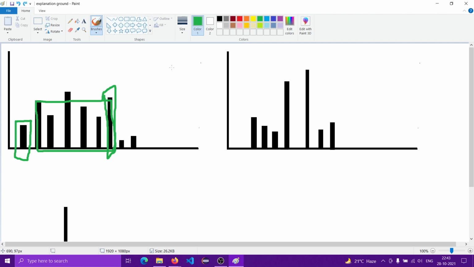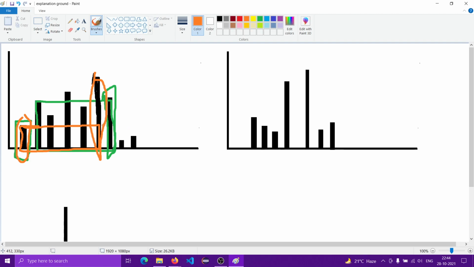Let me do a black here. So even if this one was very high, so instead of moving this one, I moved this one, and the new edge is this, and I did not move from the left. Do I get any benefit? No. The height is still the minimum only, and it is still unchanged, and the width only decreased.